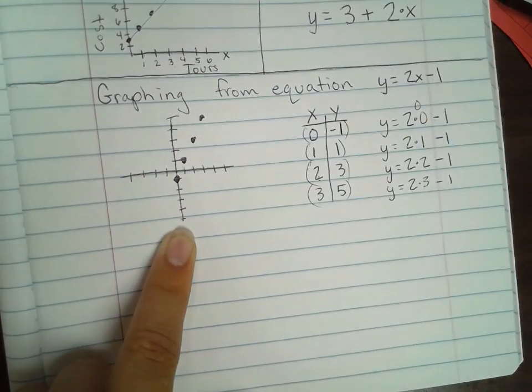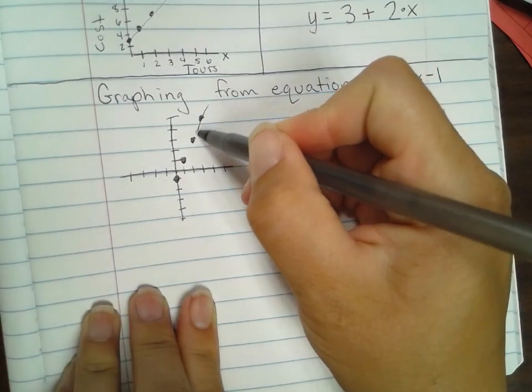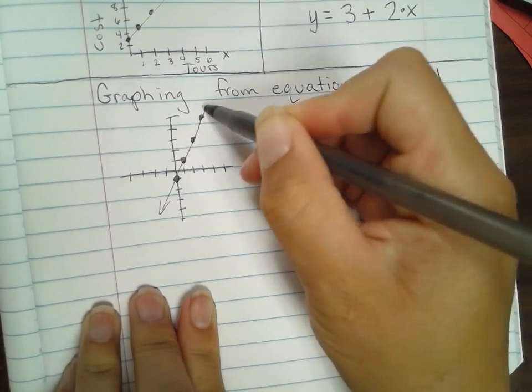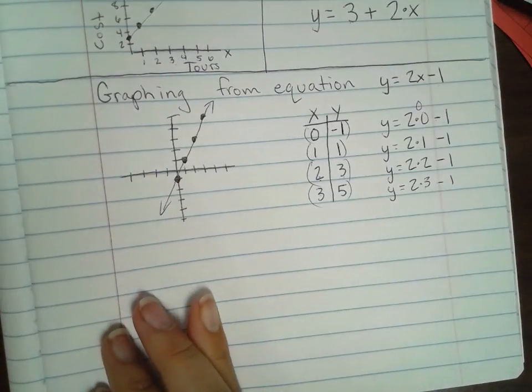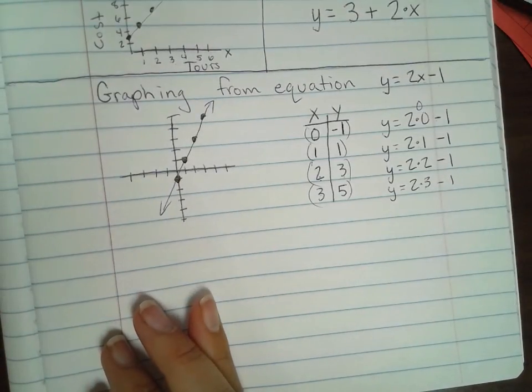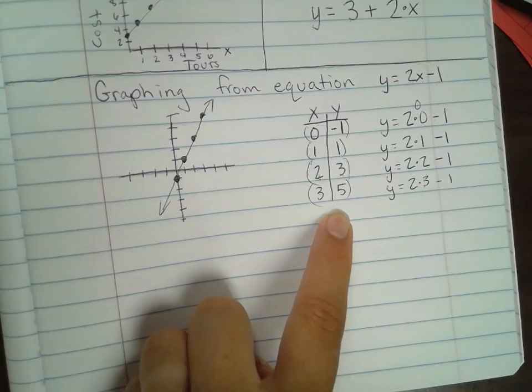And as you can see, especially if you had perfect graph paper, this makes a nice straight line. So that's graphing from an equation. We made a table, so if somebody gave you a table, you could easily graph from a table as well, right?